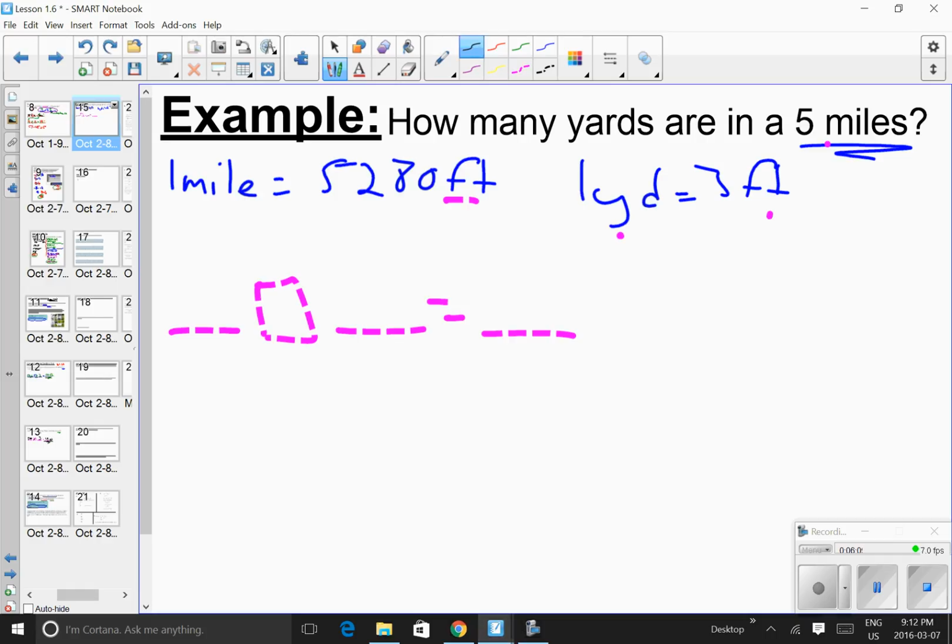So first, I want to change 5 miles into feet. Right. So feet is way smaller than a mile. And there is 5,280 feet in 1 mile. So because I'm changing to a smaller unit, my number's got to get bigger.